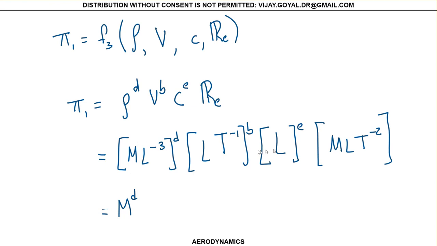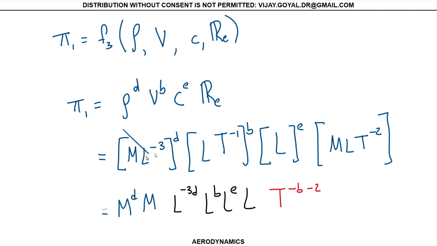So what we are saying is that for mass, m to the d times m; for length, l to the minus 3d, l to the b, l to the e, l; and for time, t to the minus b minus 2.